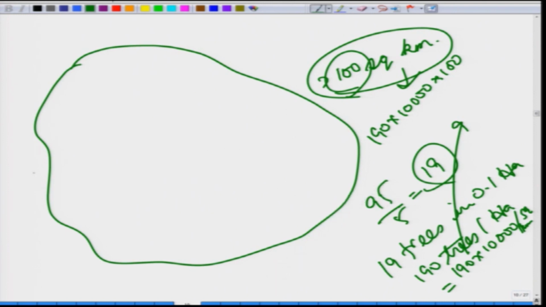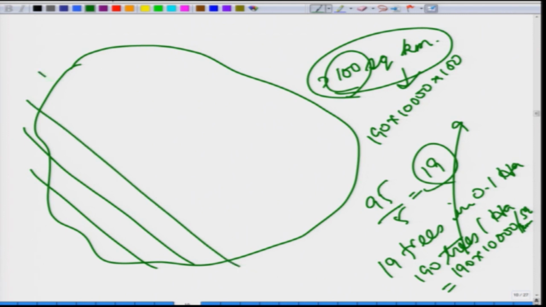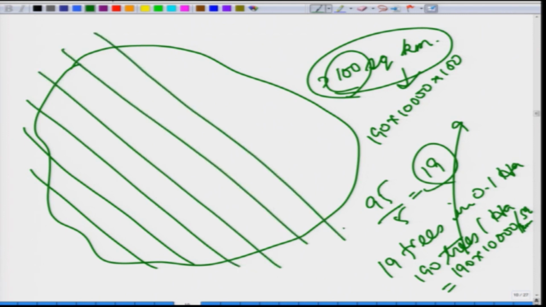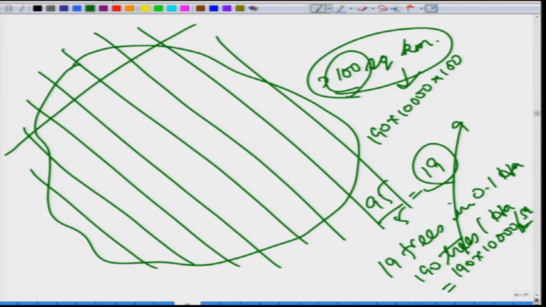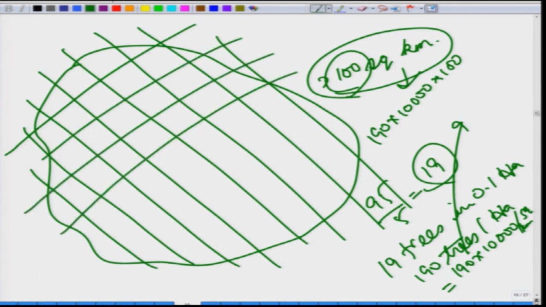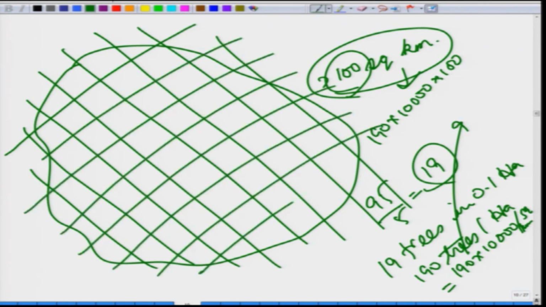What we are doing here is that we have divided this whole population into several subsections and we ensure that all of these are of the same shape and size. So, we say that all of these are square in shape.